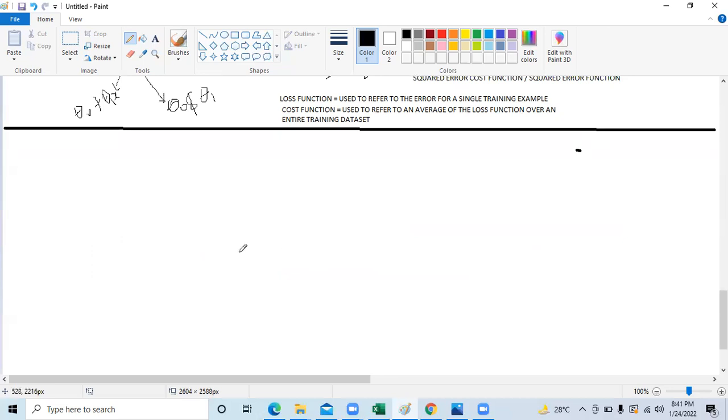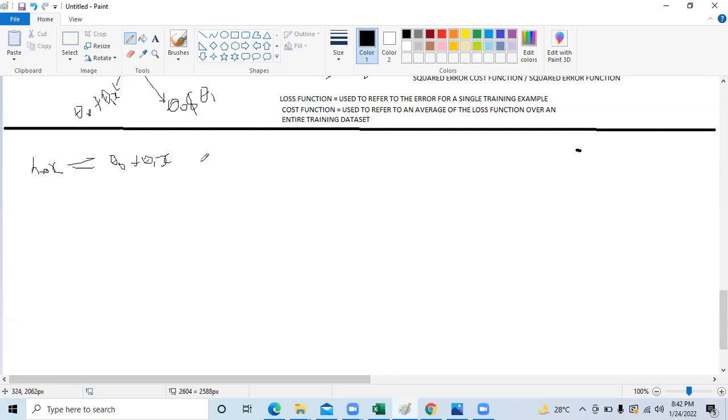So let's remind ourselves that h of x, I hope I wasn't going to have to write this out again, but it is very necessary. h of x is equal to theta 0 plus theta 1 x.